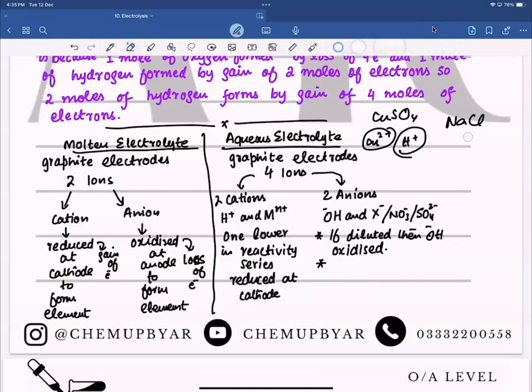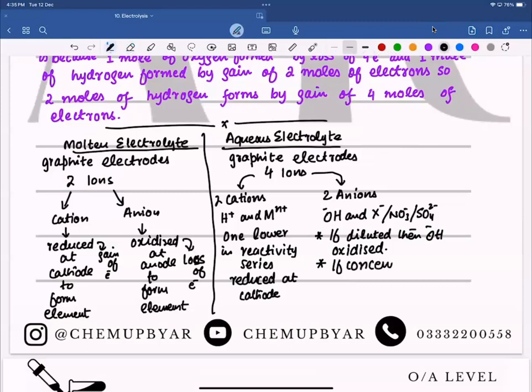Okay. So if diluted, then hydroxide oxidizes. If concentrated, then halide is oxidized to form elements.